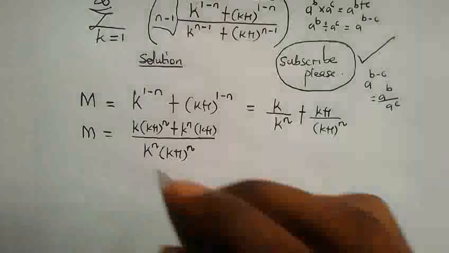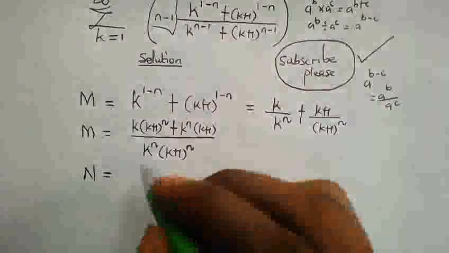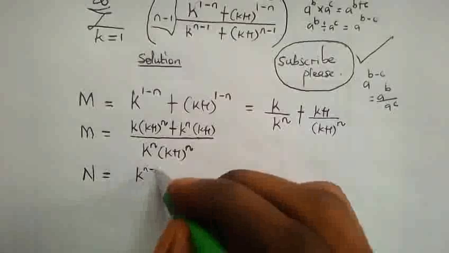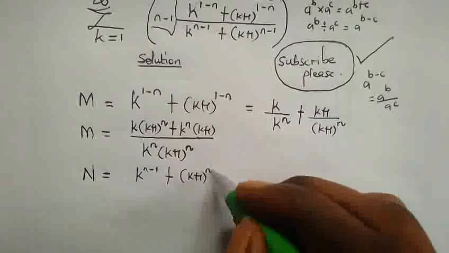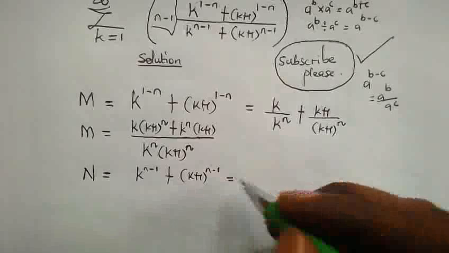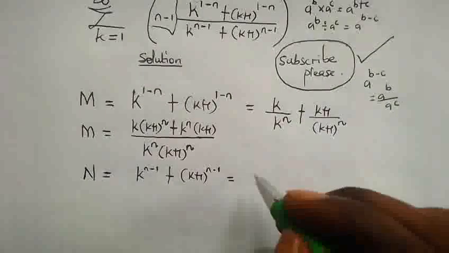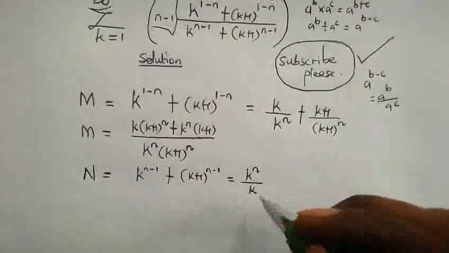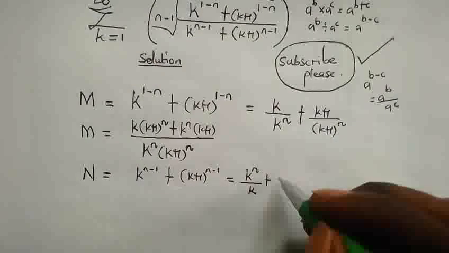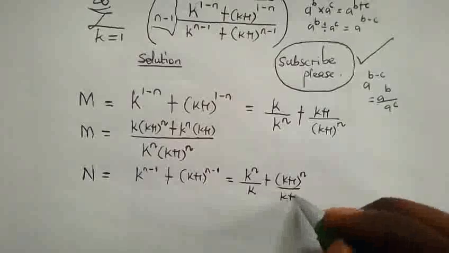Now here we let n equal the denominator, k raised to the power of n minus 1 plus k plus 1 raised to the power n minus 1. So this is equal to, using this rule, k raised to the power of n over k, then plus k plus 1 raised to the power of n over k plus 1.